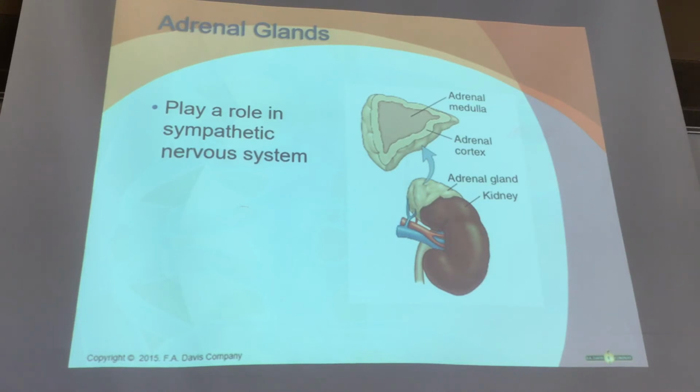So the sympathetic preganglionic fibers will pass through the outer cortex of the adrenal gland, and they're going to terminate in the center of this gland. So they basically innervate deep into this gland.